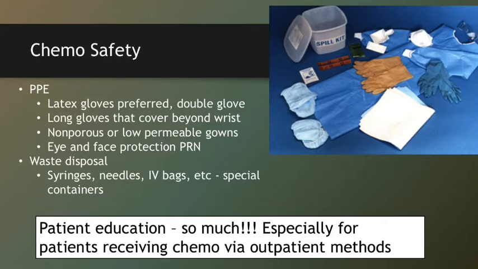So while that patient's in the hospital, everything needs to be put in specially marked biohazard bags, including the linen. Waste disposal of stuff that had the medications in it, they have to go in special containers that indicate that they have chemotherapy agents in them. Because it can really cause damage to somebody who touches them or who's exposed to them.